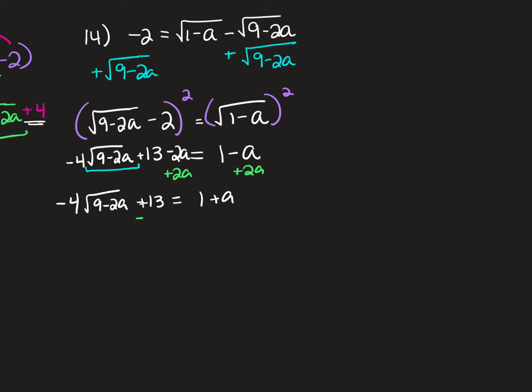Let's subtract 13 from both sides. Now I have negative 4 times the square root of 9 minus 2a equals negative 12 plus a. And then I'm going to go ahead and divide by negative 4.